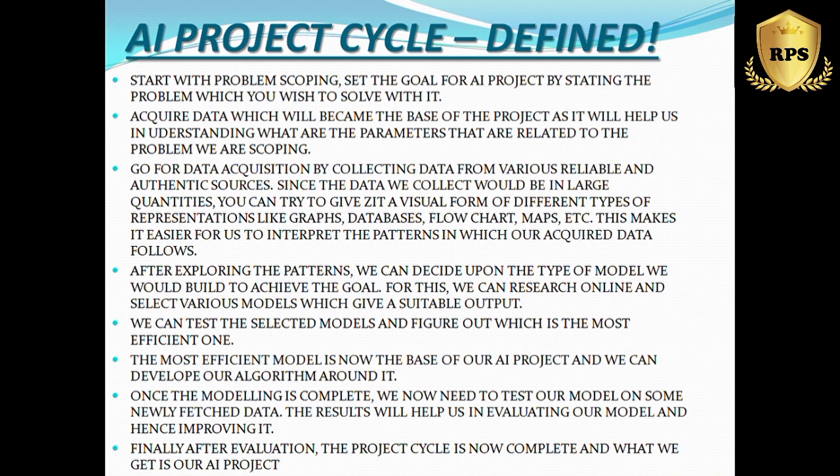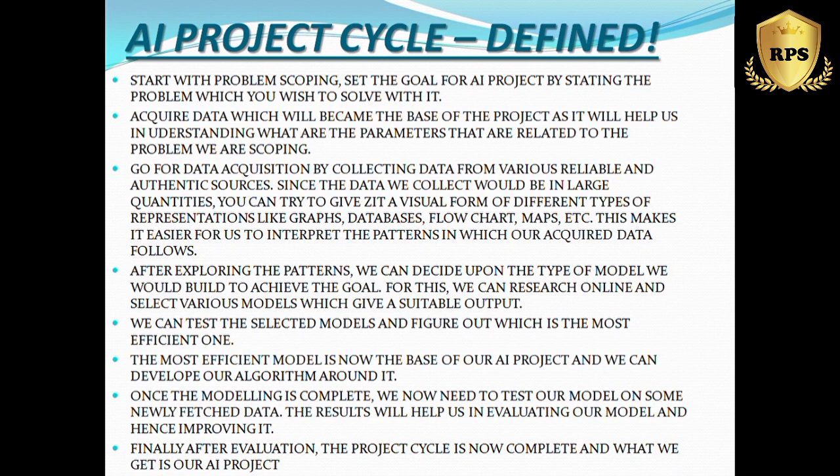Simple. Once the modeling is complete, we now need to test our model on some newly fetched data. So the training and testing data are different. Now we will take new and different data and then start working on it.